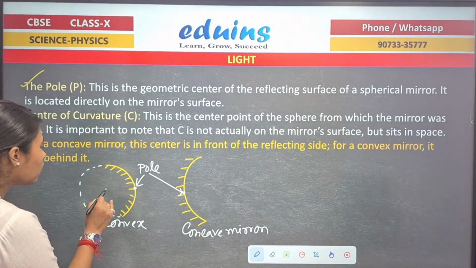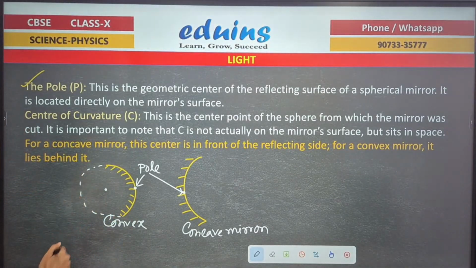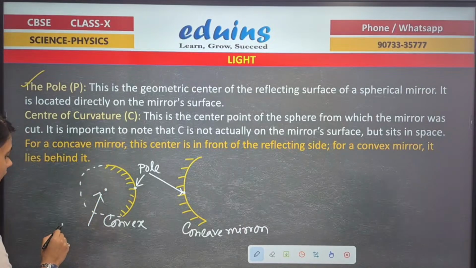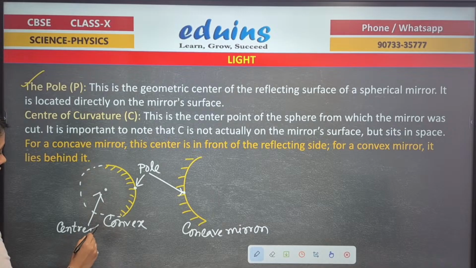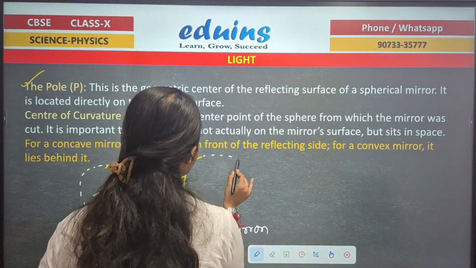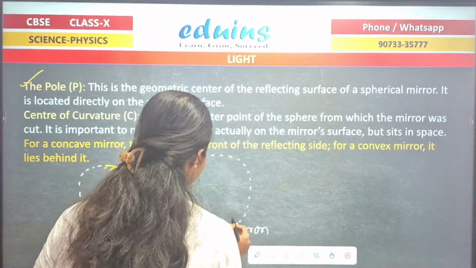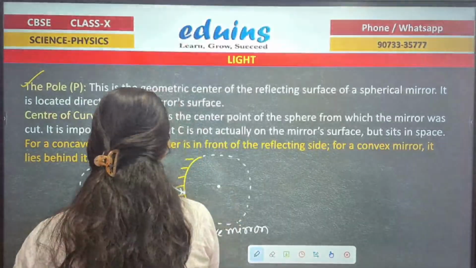The center point of the sphere is known as the center of curvature. So for the convex mirror, this is the center of curvature, and for the concave mirror, this is the center of curvature.